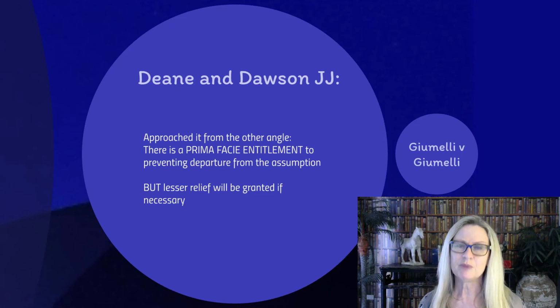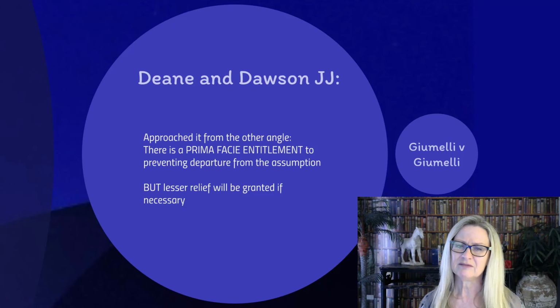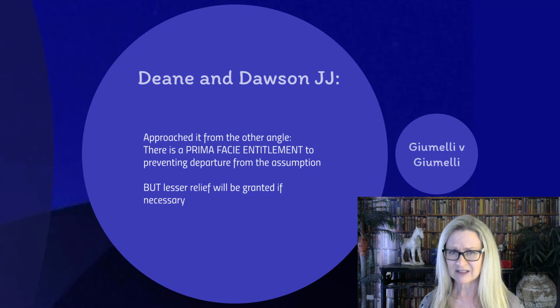The default position should be there's a prima facie entitlement to preventing departure from the assumption. The defendant shouldn't be allowed to go back on their word. But if that's going to cause injustice or some other real significant problem, then a lesser relief can be made available. That's probably a more even-handed approach to things, and it certainly would have been better for the plaintiff in that case.